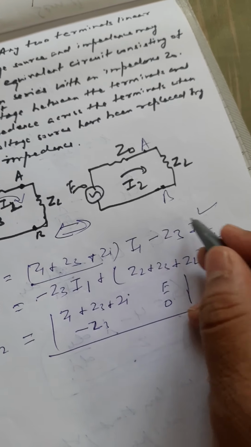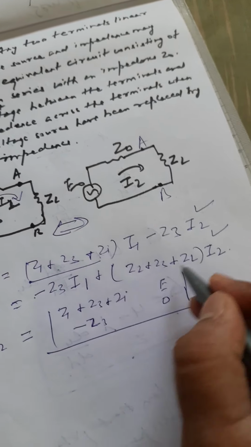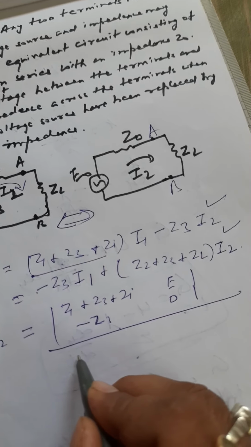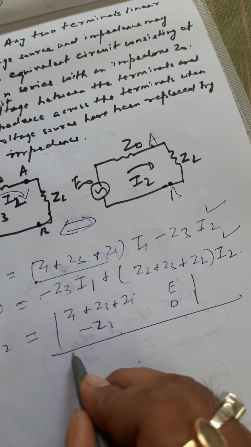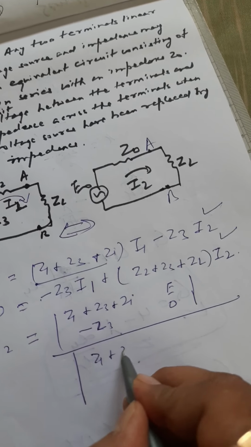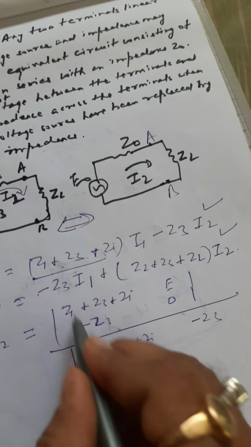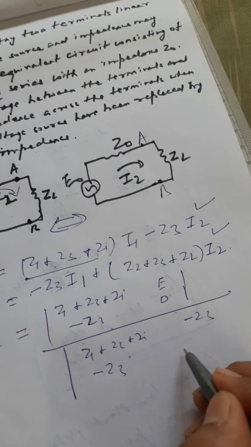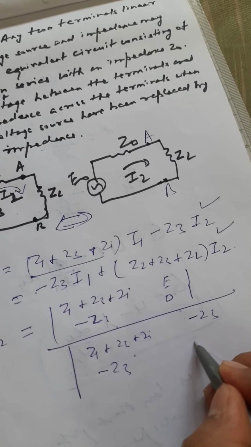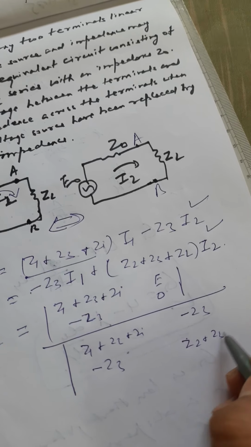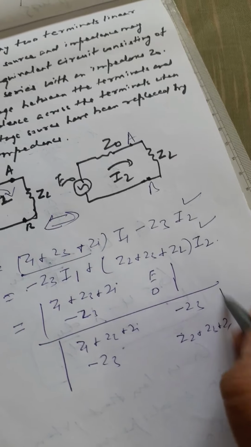For I2, we just put E and 0 in the place of the coefficient of I2, divided by the determinant of Z, that is Z1 plus Z3 plus Zi, minus Z3, then again minus Z3, and Z2 plus Z3 plus ZL here.